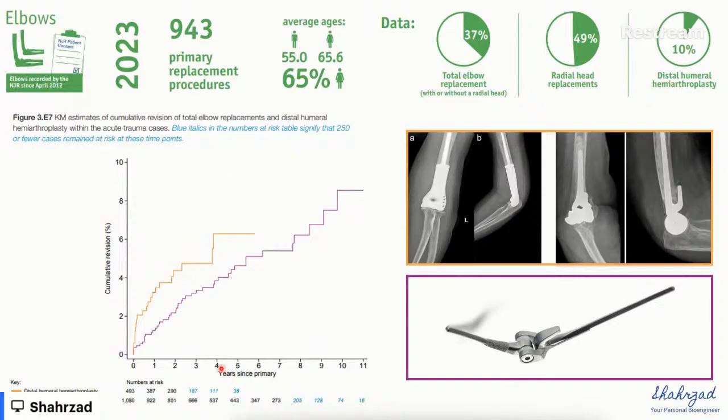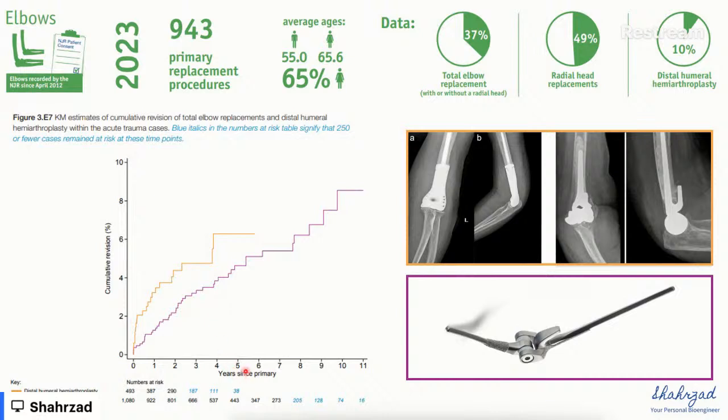So if we look at, for example, number 5. Five years after primary elbow replacement, there's between 4 to 5%, around 4.5% chance of revision surgery if the system looks like this, total elbow replacement.